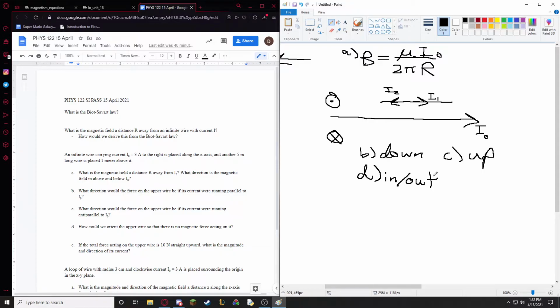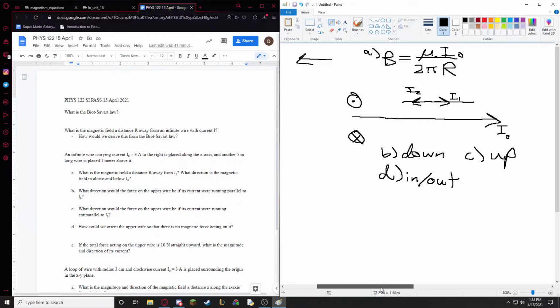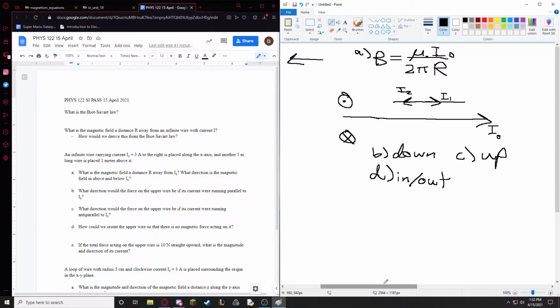F equals IL cross B, right? And what's the cross product again? What if we want to find the magnitude of a cross product? Wouldn't it just be AB sine theta? Yep, exactly.